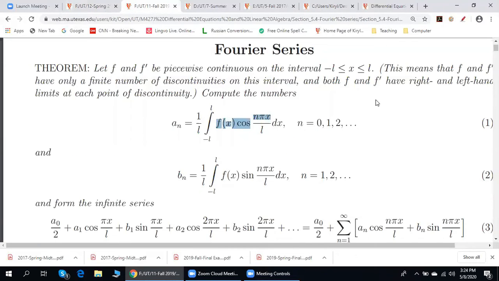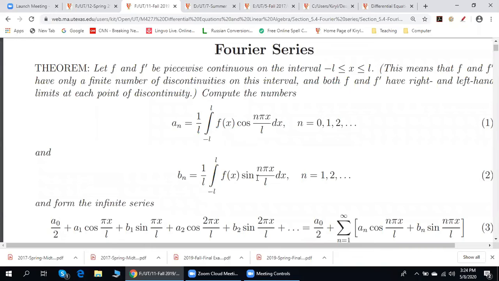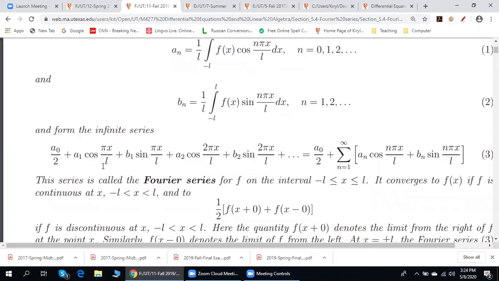Since g is defined on the interval between negative L and L, we can apply this theorem. Moreover, since g is odd, all a's will be equal to 0. Therefore, all cosine terms will disappear, a0 over 2 will disappear.